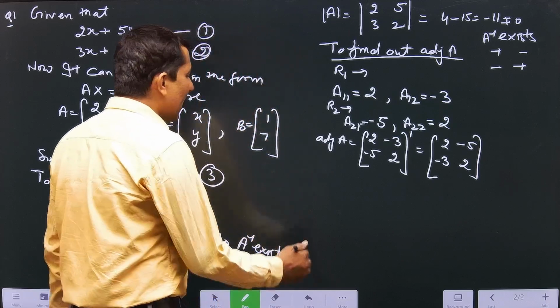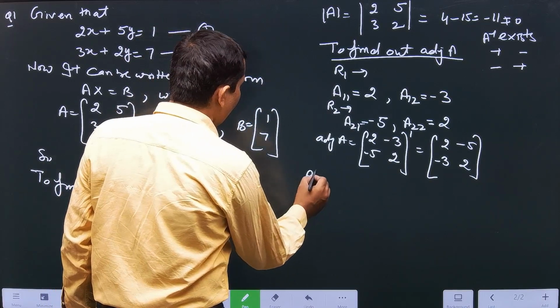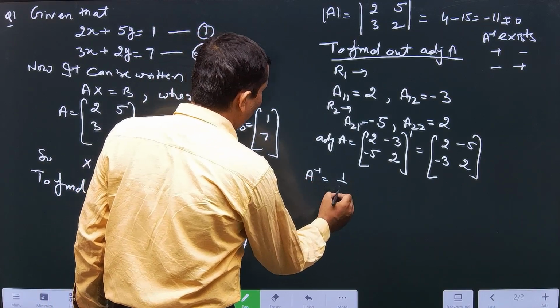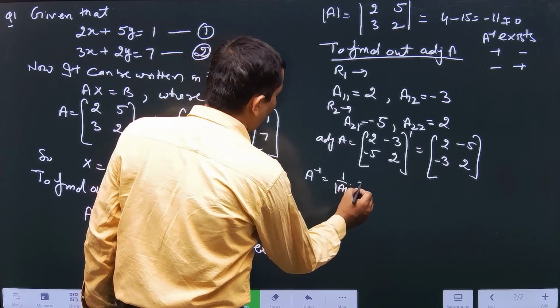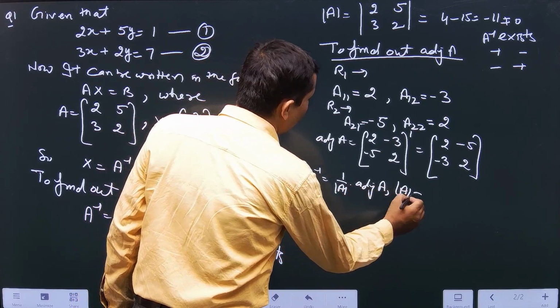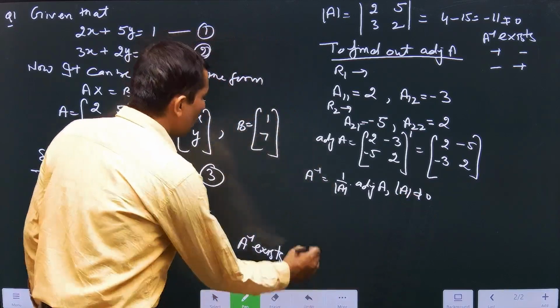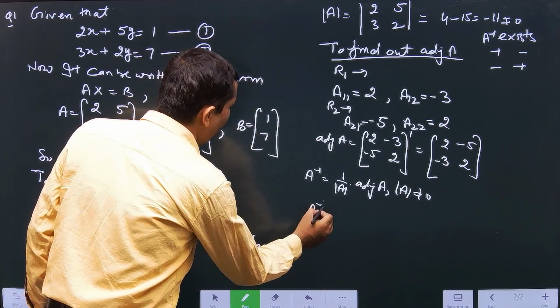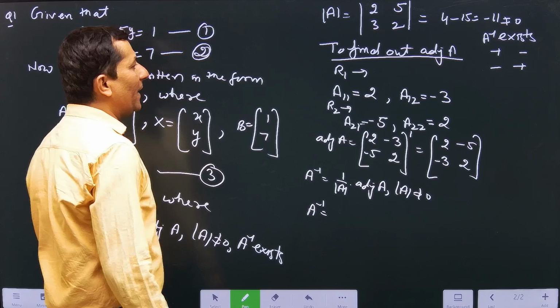Now what is A inverse? A inverse is equal to 1 upon determinant A into adjoint A, where determinant A is not equal to 0.